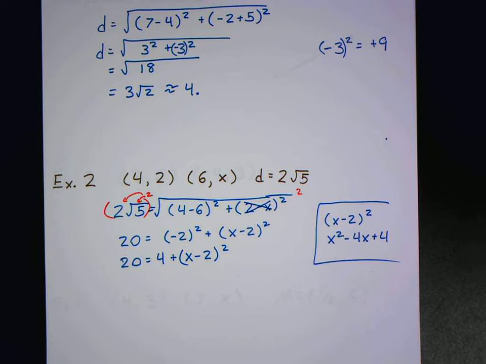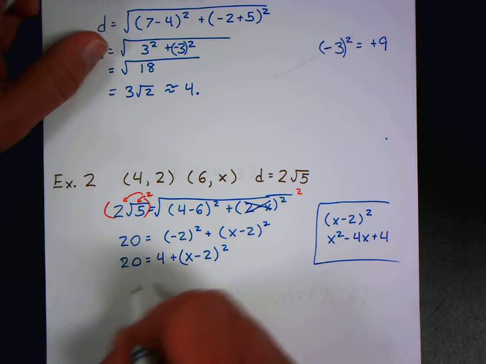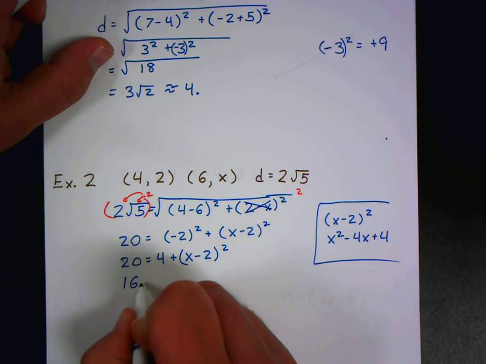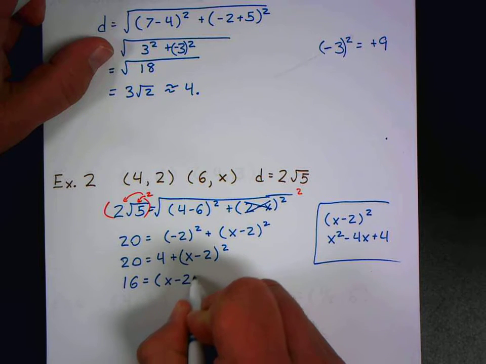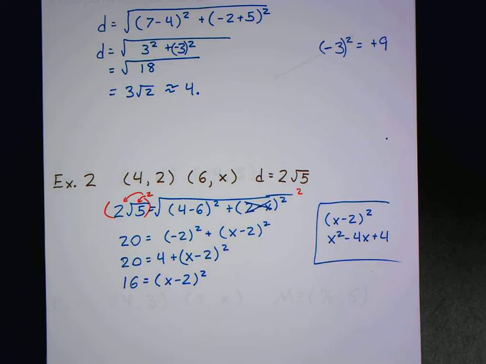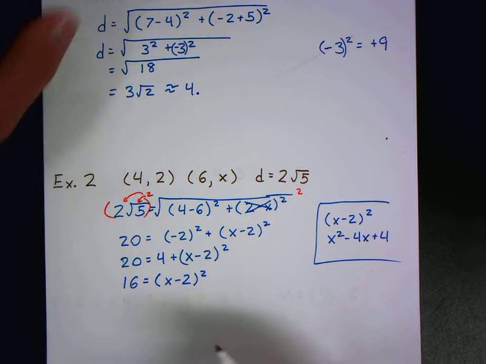Because then that means I'm going to end up having to factor. We haven't covered that. You may remember how to do that, but that's still a lot more work than what we need to be doing. Because if I move that 4 over, how do I get rid of a square? Square root.